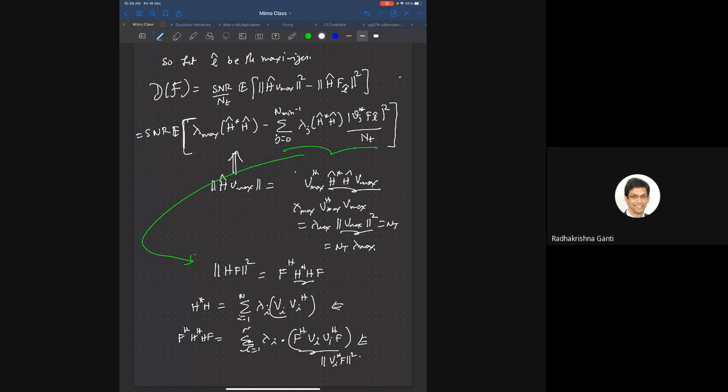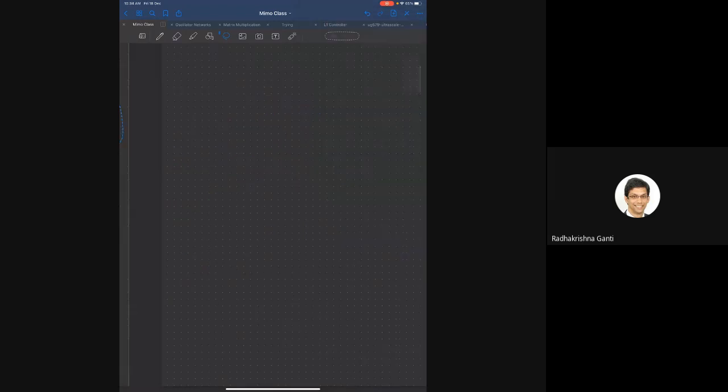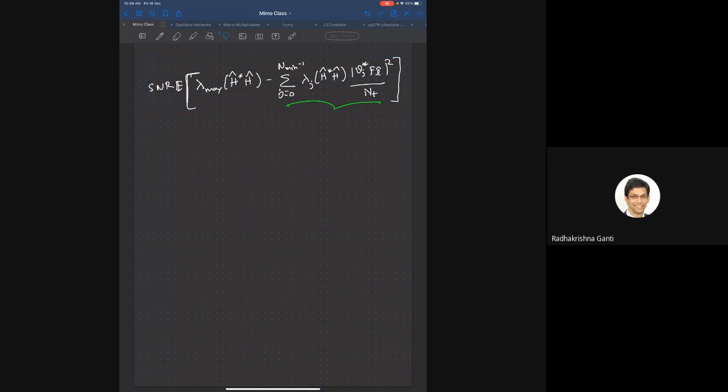So now if I just take this part and copy it into the next page. So this is less than or equal to. All the lambda i's are positive because it's a positive semidefinite matrix, no? And all other terms are positive. So I'll disregard all those eigenvalues and just keep the lambda max eigenvalue.